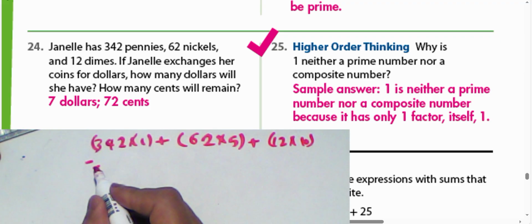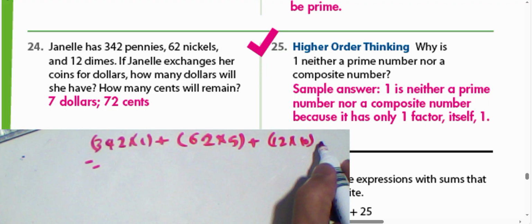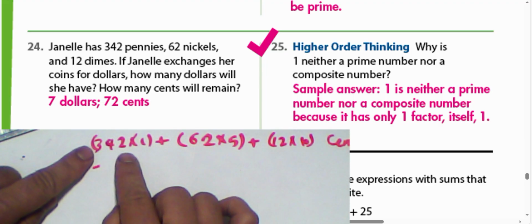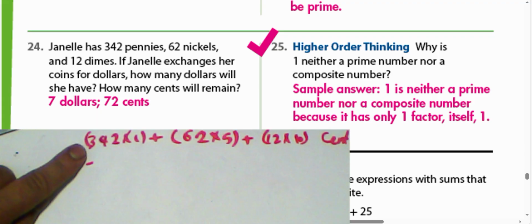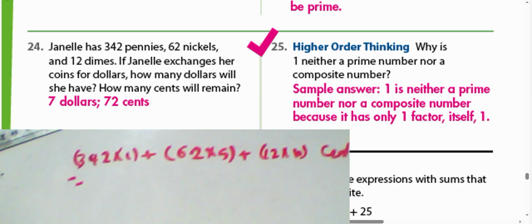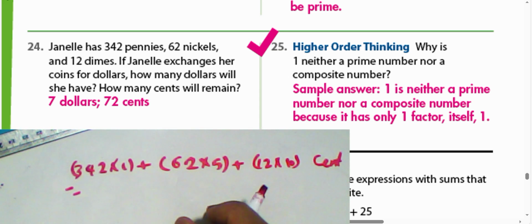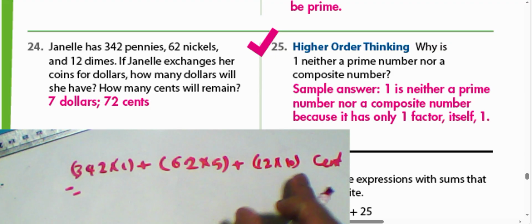Then we can add the answers. We convert now to cents. 342 pennies are 342 cents, multiplied by 1. And 62 nickels, 62 times 5, because 1 nickel equals 5 cents, and a dime equals 10 cents. Then 12 times 10, and then add.